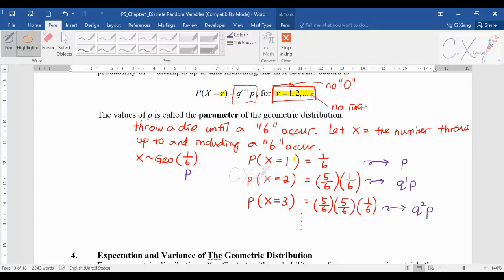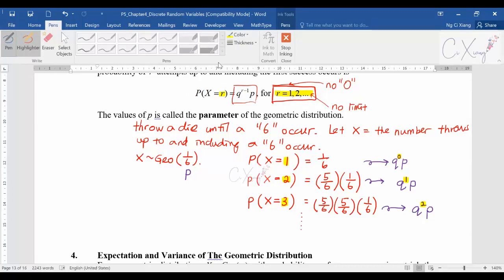So what is the relation between the formula and the numbers? When x equals 1, you have no q, it is actually q power 0. When x equals 2, you have q power 1. So the power is actually x minus 1. When x equals 3, you have q power 2.